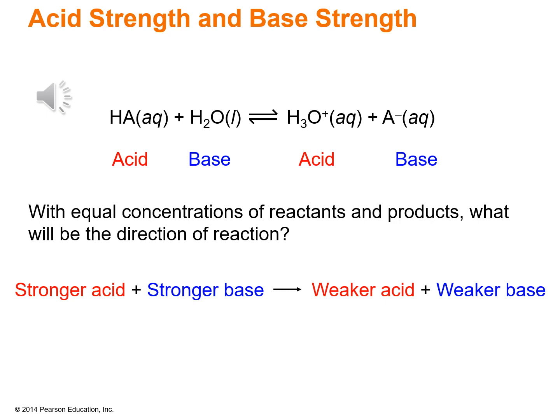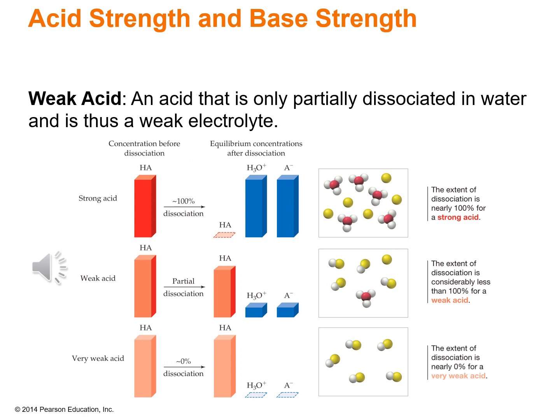Remember that a strong acid will dissociate 100% in solution, whereas a weak acid would not. With equal concentrations of reactants and products, what do you suppose will be the direction of this reaction? As we stated earlier, a strong acid is an electrolyte, and it dissociates 100%.